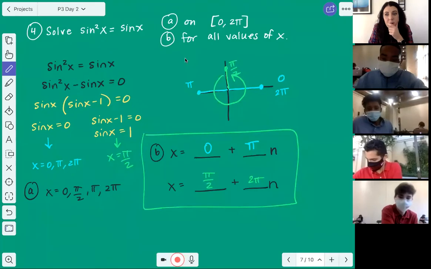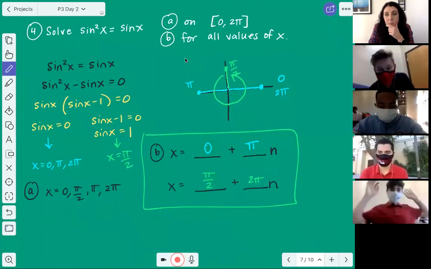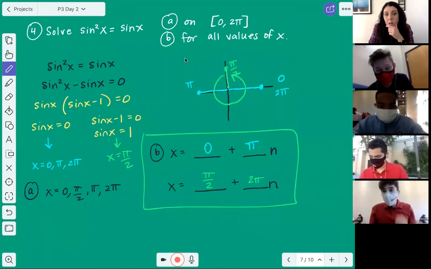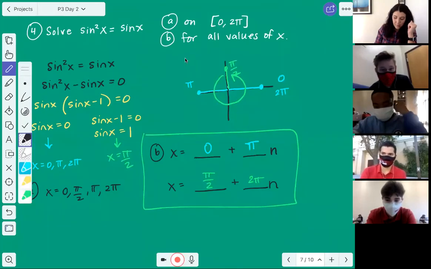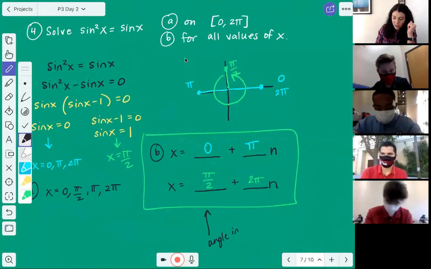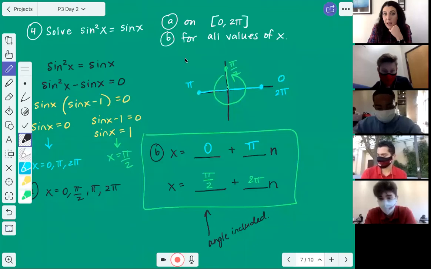Any questions? Yeah, Ms. Toshner. Yes, go ahead, Dayton. So when we look at the equation x equals 0 plus pi n, it's basically saying from the x-intercept, we go 0, and then we go another pi to get from 0 to pi. This first part is an angle that's included in your answer. That first angle is always going to be an angle that's included.